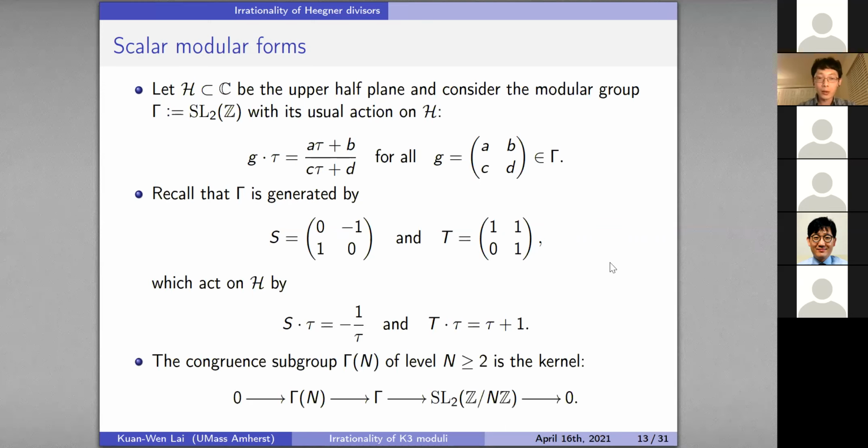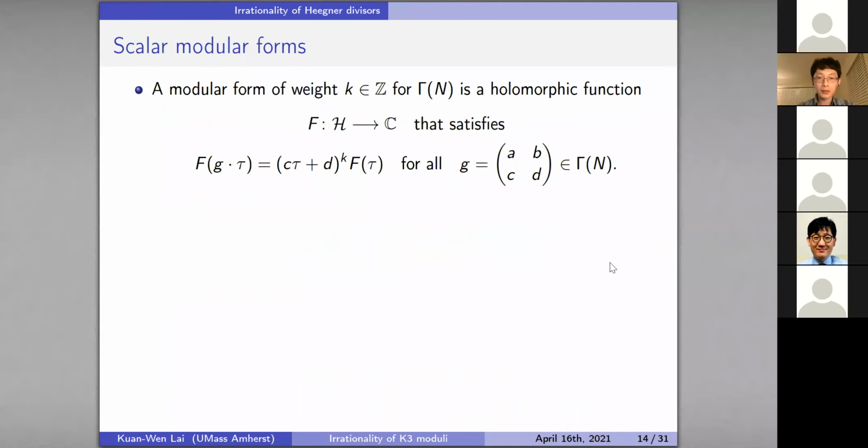I'll also need this notation: the congruence subgroup gamma n of level n inside the modular group is defined as the kernel of the map from SL2Z to SL2 with coefficients in the cyclic group Z mod NZ. So these are some notations.